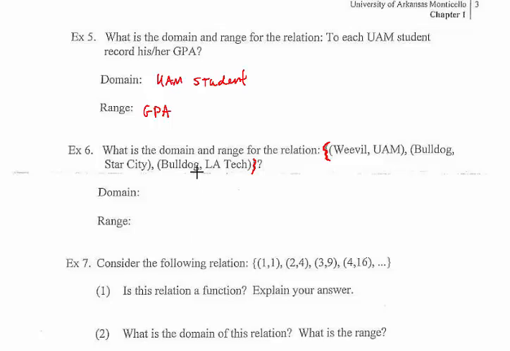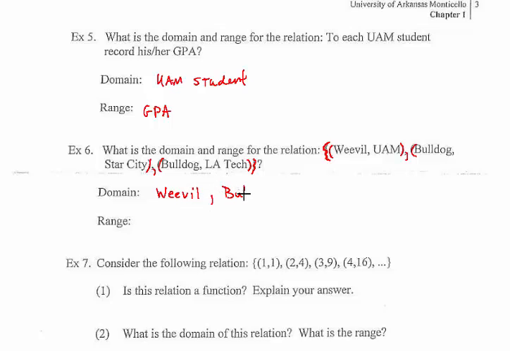So in this case, inside of our set, there are ordered pairs: 1, 2, and then a third ordered pair. We recognize this is a relation, and for the domain, we simply want to pluck out the first element of each ordered pair because it is an element of our domain.